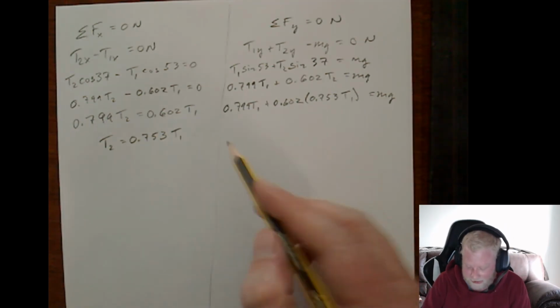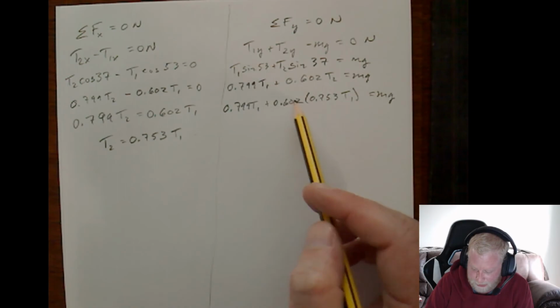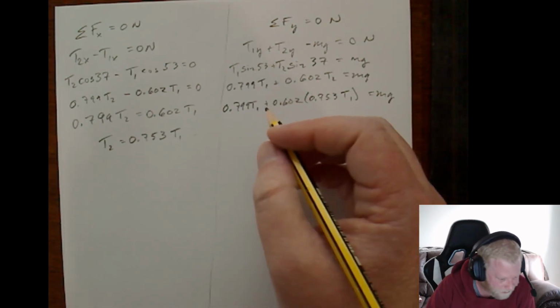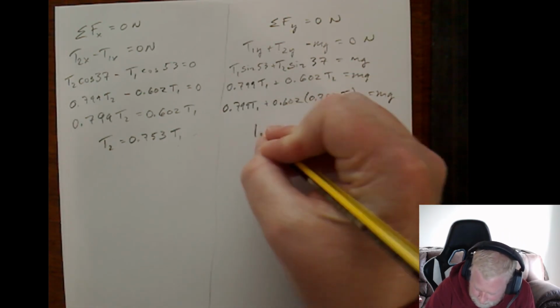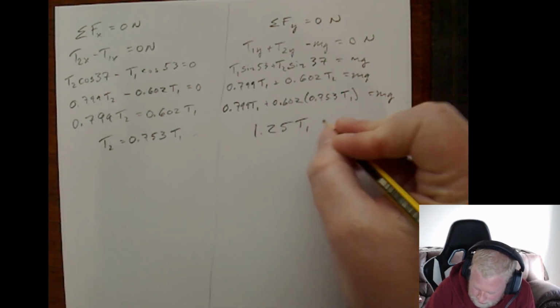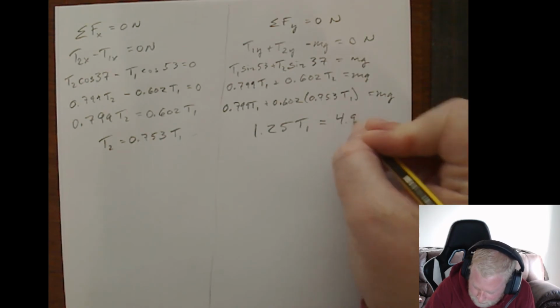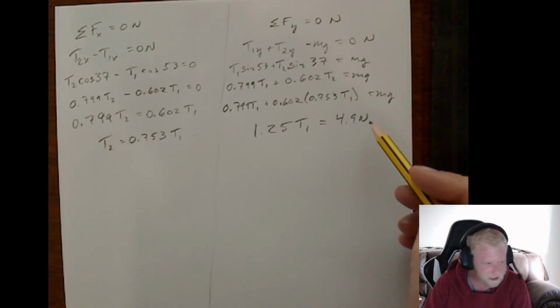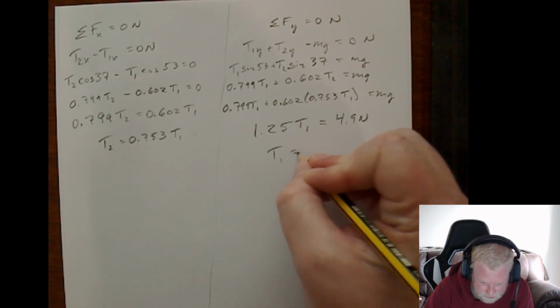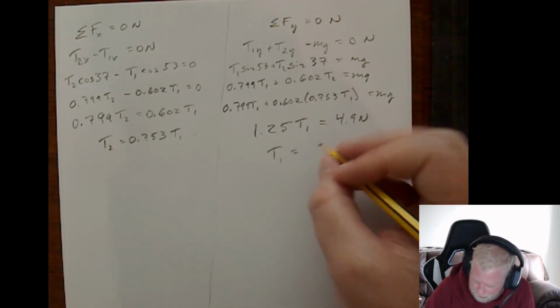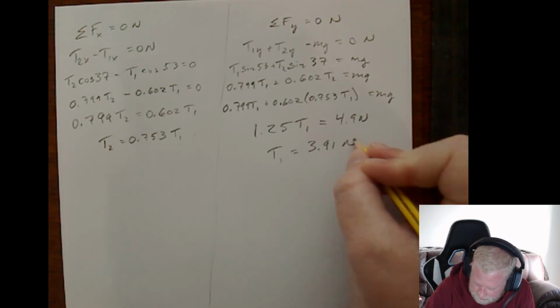So let's go ahead and consolidate all our T1s. So multiply and then add. And we get 1.25 T1 is equal to 4.9 newtons, the mg that we had found before. So T1 comes out to 3.91 newtons.